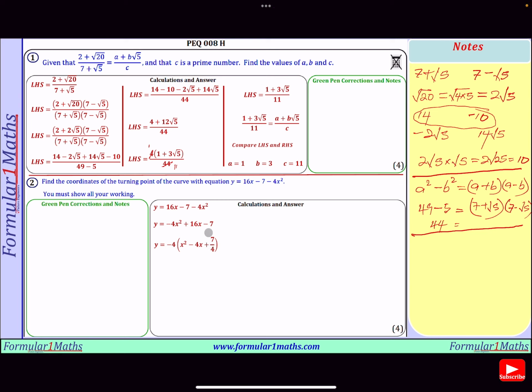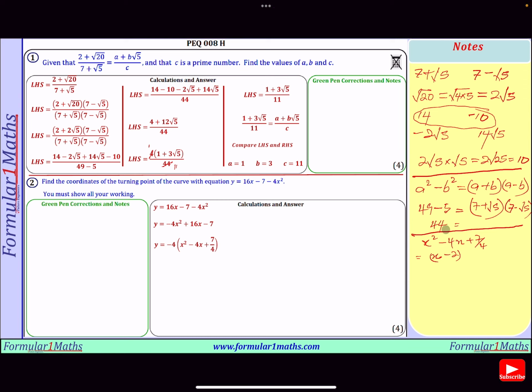I can now complete the square inside this bracket here. So let's do that. So x squared minus 4x plus 7 over 4. If I complete the square, I'll get x minus 2, because 2 is half of 4.